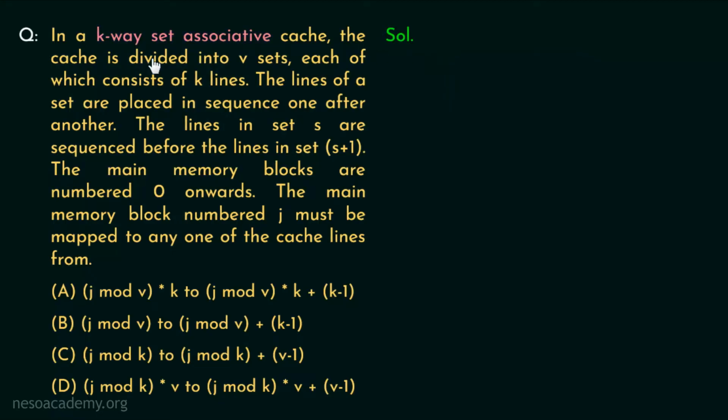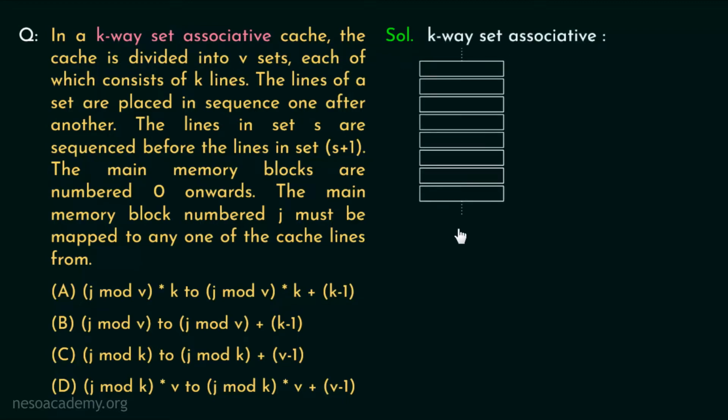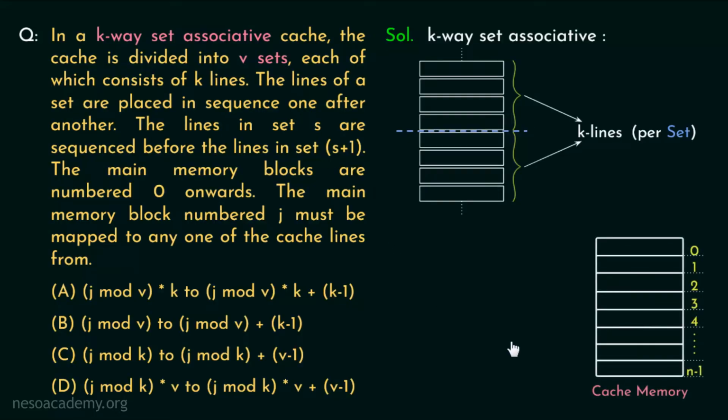Now first of all, they are talking about k-way set associative cache organization, right? And we know in case of k-way set associative cache, the entire cache is divided into sets where every set is going to have k number of lines. That means k lines per set. Now the entire cache is divided into V number of sets. Now let me show you with the help of an illustration.